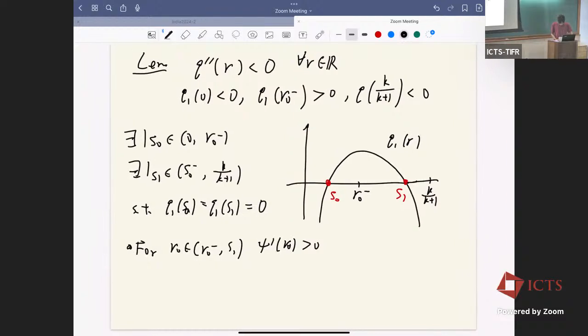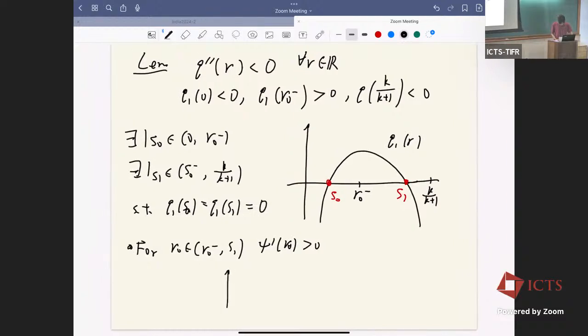So this means that psi is something like that. R naught is here, and S1 is here, and R naught minus is here. So psi looks like this. Okay, this is psi r.